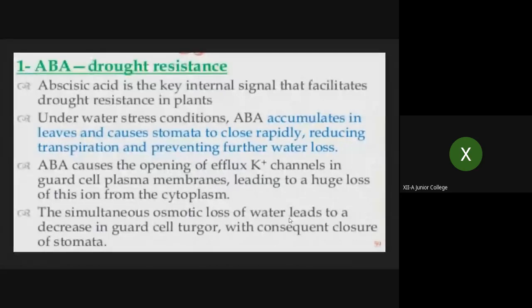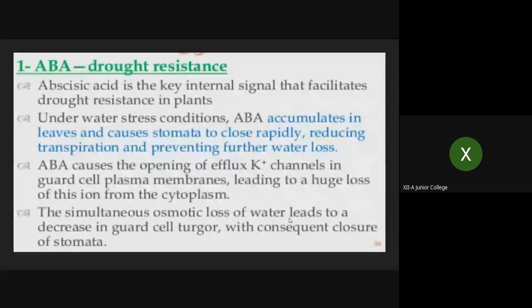Under water stress conditions, ABA accumulates in leaves and causes stomata to close rapidly, reducing transpiration and preventing further water loss. This is a very important role of abscisic acid. ABA causes the opening of potassium channels in the guard cell plasma membrane, leading to a huge loss of this ion from the cytoplasm.